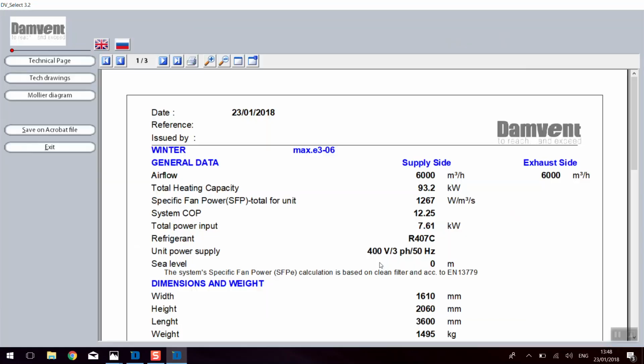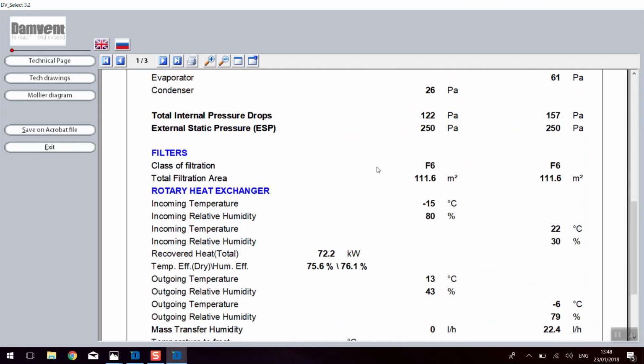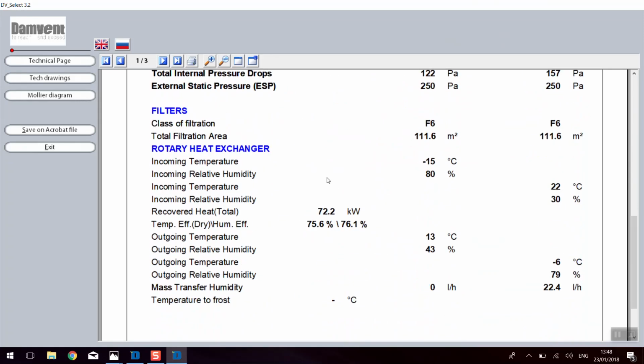and we will pay attention to just several facts and figures. It is very important to look at the rotary heat exchanger, because in our selection software and in all our units we use only sorption type, which means that we have humidity recovery in both winter and summer mode, and normally we provide the dry efficiency, but also the humidity efficiency of the rotary wheel.